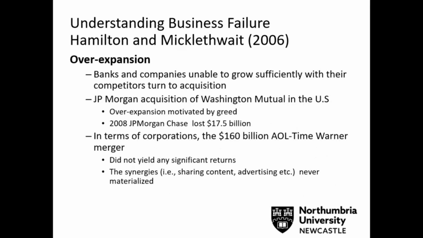Overexpansion is the biggest cause. So this is really where, again, like Northern Rock and other building societies that demutualised and became banks in the UK, when they were able to do this, they expanded rapidly, advertising different products from their main business model and growing substantially.